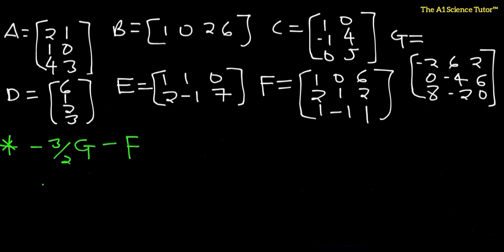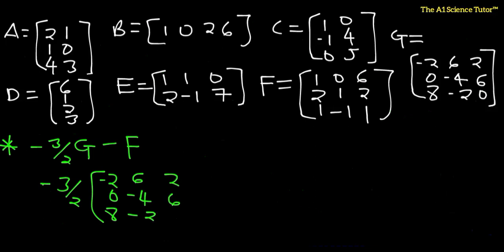So that is going to be negative 3 over 2 multiplied by the matrix G, which is negative 2, 0, 8, 6, negative 4, negative 2, 2, 6, and 0.